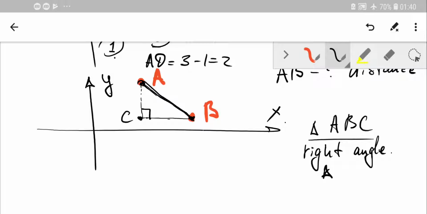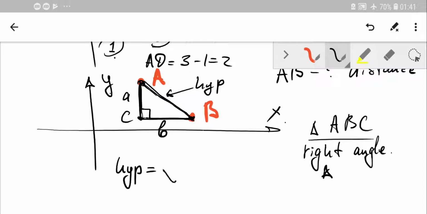And for this sort of triangle, we can apply Pythagoras. In this case, AB is the hypotenuse, and we have two other sides, AC, that's shortly a, and BC, that's shortly b. In order to find the hypotenuse, and that's our goal, we just need to take the square root of the sum of two squares.